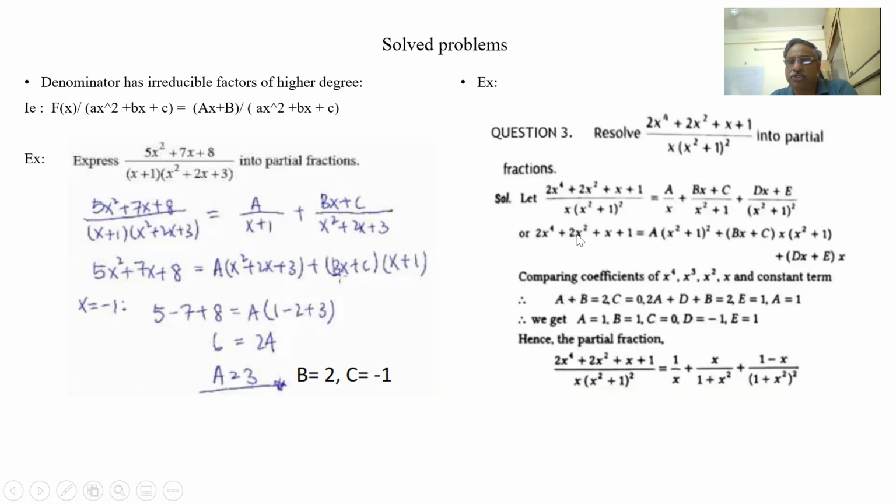The x cubed component is 0. So what is x cubed here? Bx into x squared, Cx squared. Cx cubed is coming here, so C is 0. Like that we compare and write the equation.